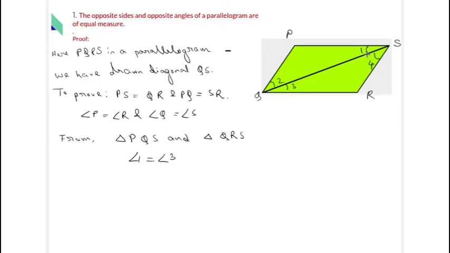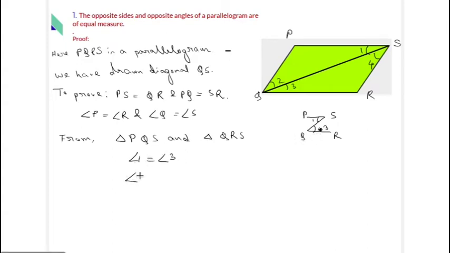Now how is angle 1 equal to angle 3? See, if we draw it separately, this is PS and this is QR, and these 2 sides are parallel and QS is the transversal here, and that's why angle 1 and angle 3 are alternate angles, and they are equal. So angle 1 is equal to angle 3.